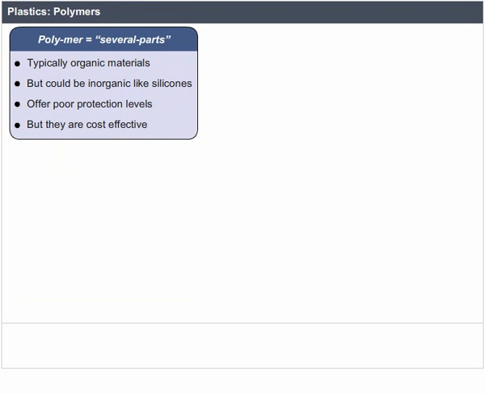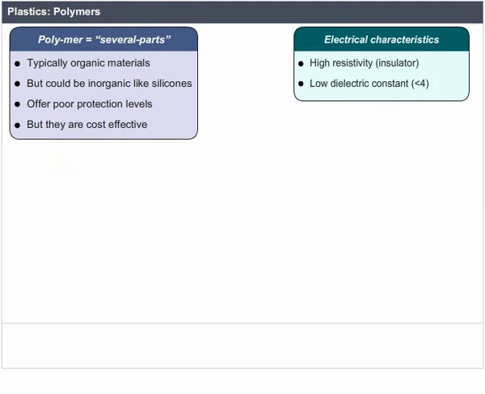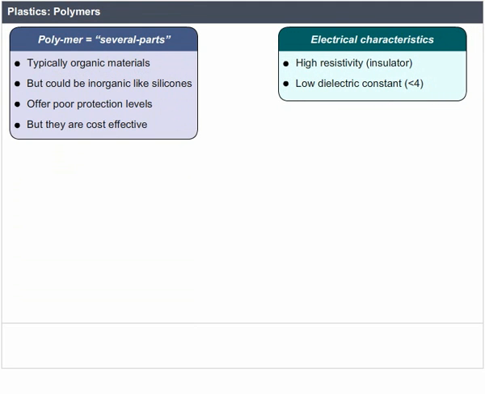Plastics, polymers. Polymer means several parts; they are typically organic materials, but could be inorganic like silicones. They offer poor protection levels, but they are cost-effective. Electrical characteristics: high resistivity, insulator, low dielectric constant, less than 4.